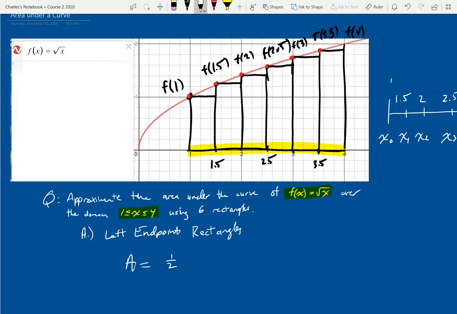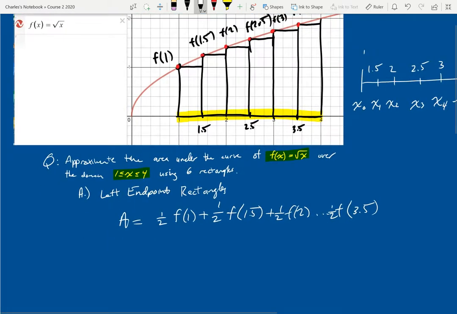So it would be 1/2 times f of 1 plus 1/2 times f of 1.5 plus 1/2 times f of 2, dot dot dot, and the last one would be f of 3.5. It would have to be times 1/2.